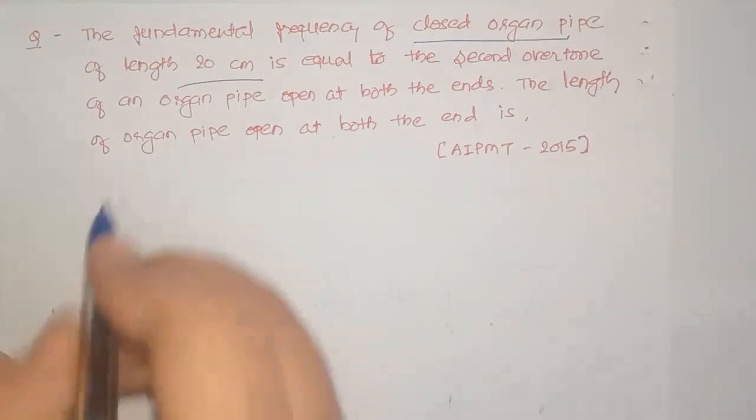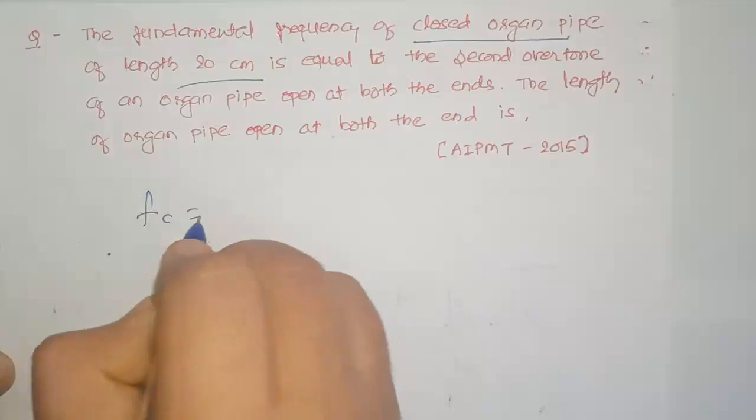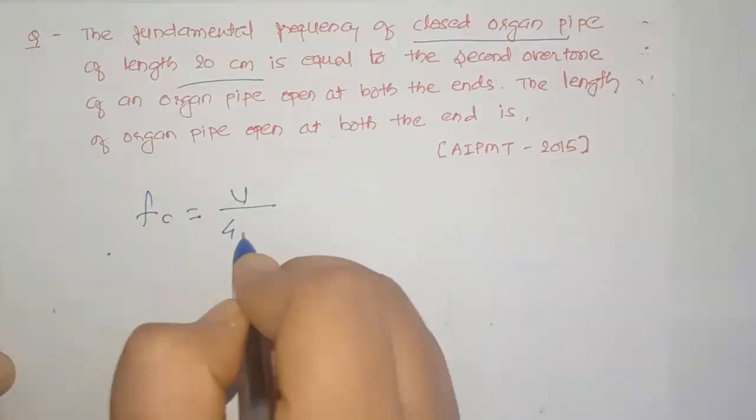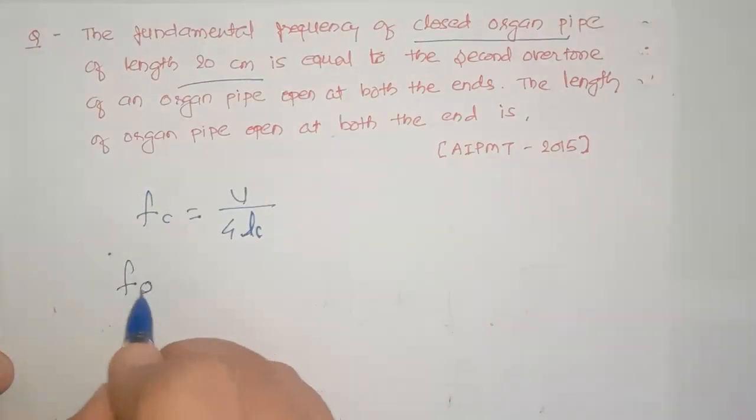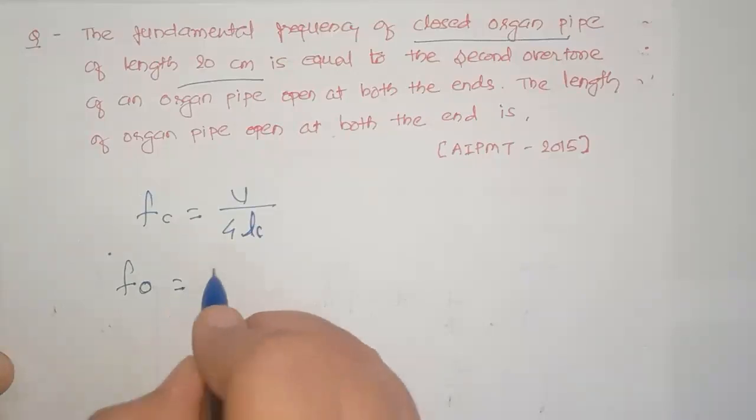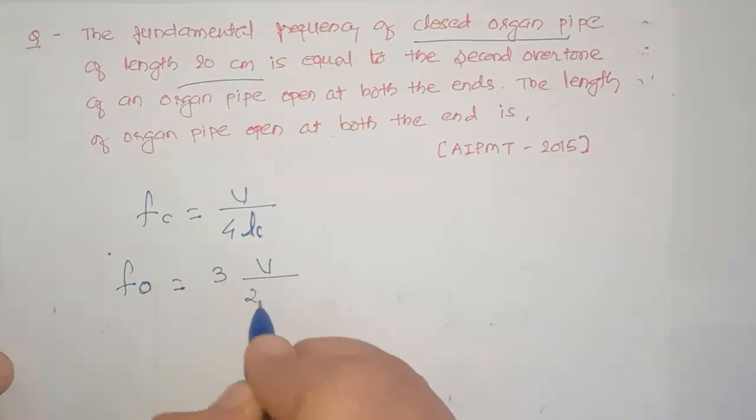The frequency of the closed pipe will be V by 4 into the length of the closed pipe. And the frequency of the open organ pipe, that is the third overtone, will be 3V by 2LO.